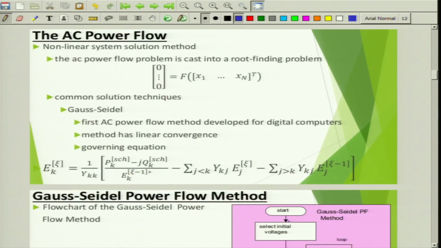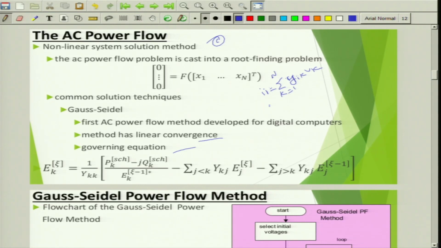For the AC power flow, the first approach is the Gauss-Seidel method. Gauss-Seidel was the first AC power flow method developed for digital computers, and it has linear convergence. This is the governing equation. The current injection at every bus is equal to the summation of k equal to 1 to n of Yik Vk, admittance Yik into Vk.